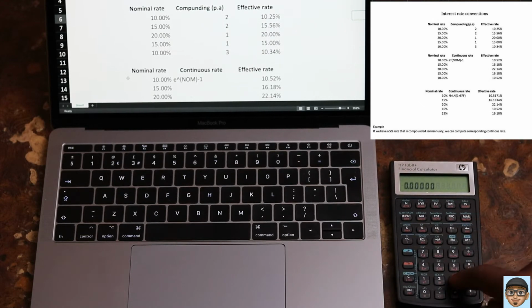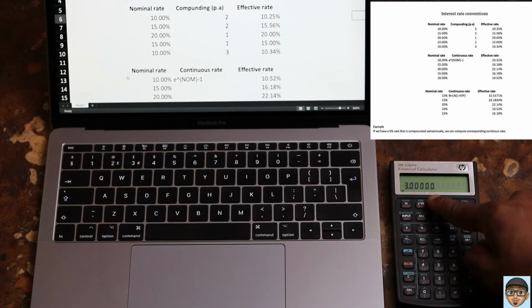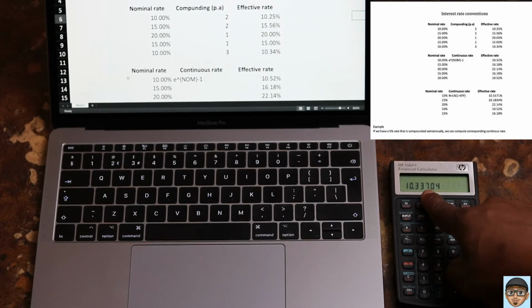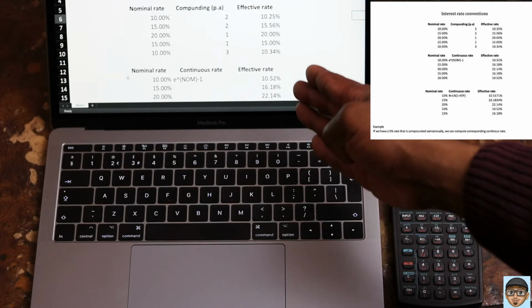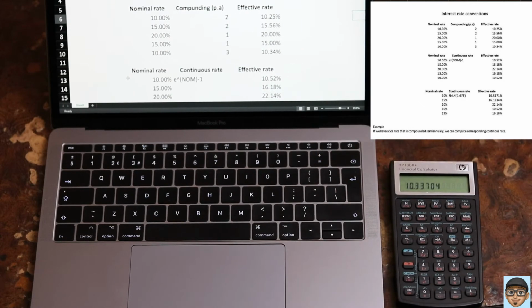For you to do that, you punch in 3, second function PMT. This is where you see 3 payments per annum. And then we use 10% again as our nominal interest rate for 1 year, and the effective interest rate is 10.33 as you see on the screen.